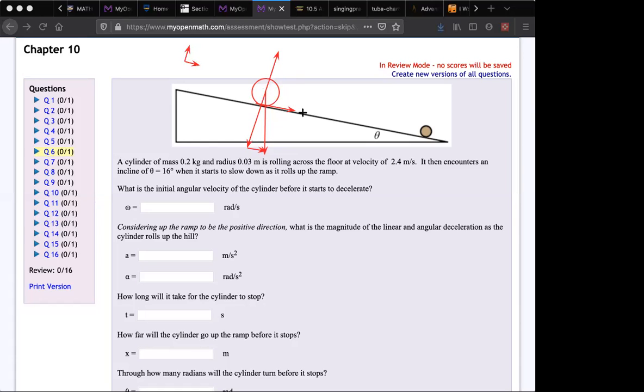Actually, the acceleration is down the ramp because it's from gravity. It's this particular component of gravity that is accelerating it down the ramp, and it's the friction that is turning the object. So the friction does the turning, the gravity does the accelerating this way.